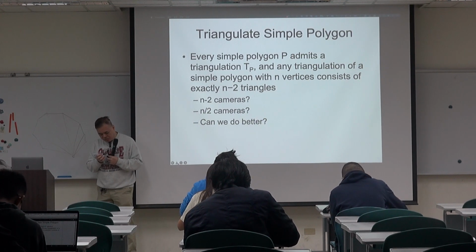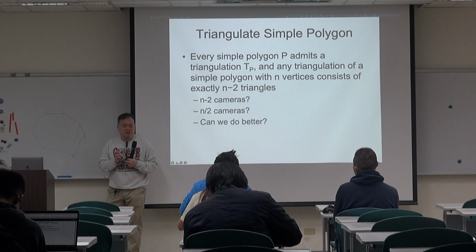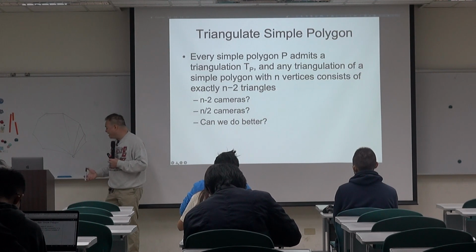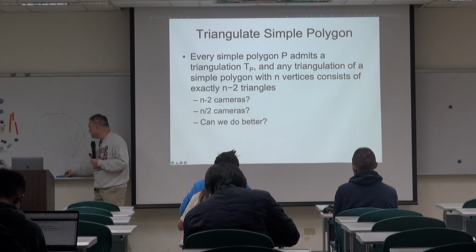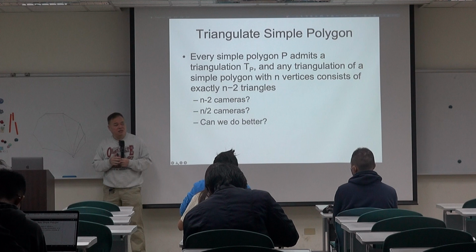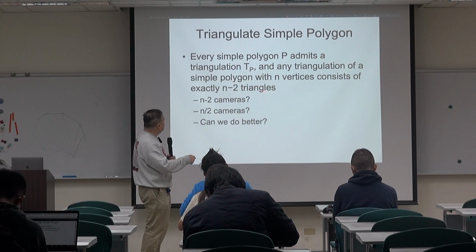Then you can easily see that if you have n sides, n vertices, this way will give you n minus 2 triangles, right?